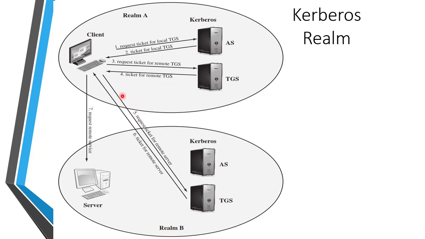Now this client will request the ticket for the remote server, and then the remote TGS will send a ticket for the remote server, and then this client will request the remote service from the remote server. So in this way, multiple networks will communicate with each other. Here, first of all, the client has to communicate with the local TGS, and after obtaining the local TGS ticket, it has to request the remote TGS ticket.